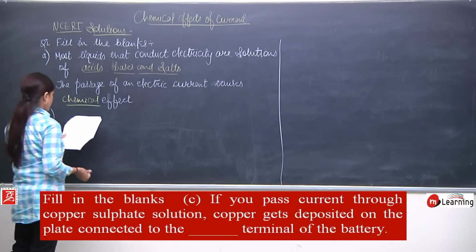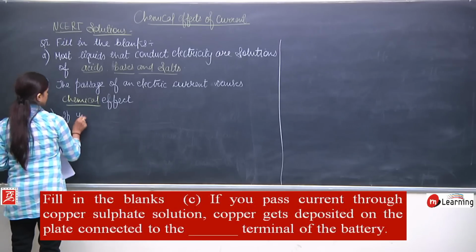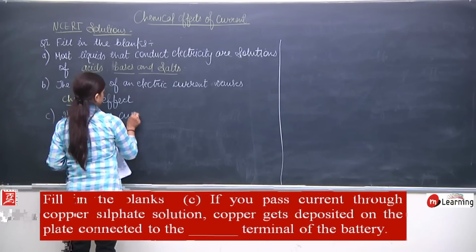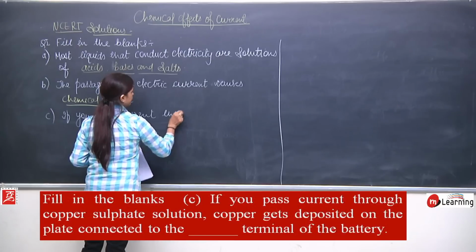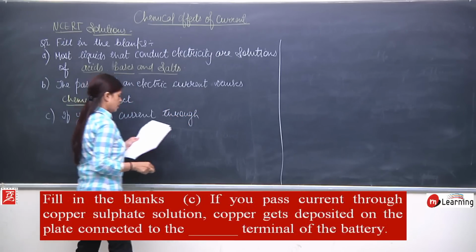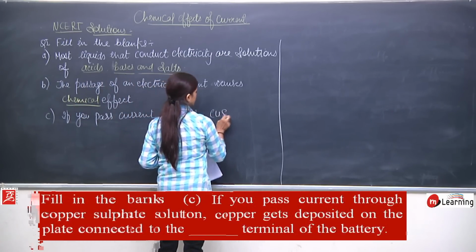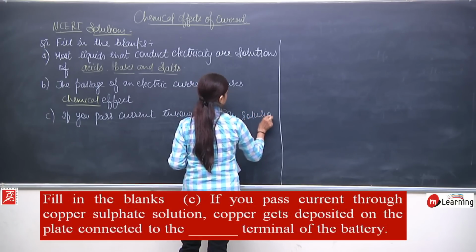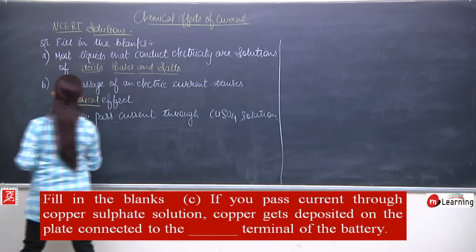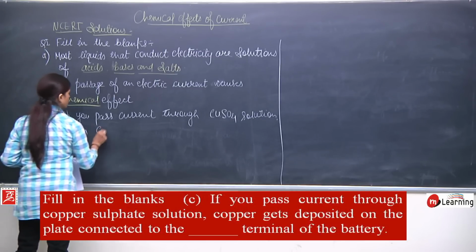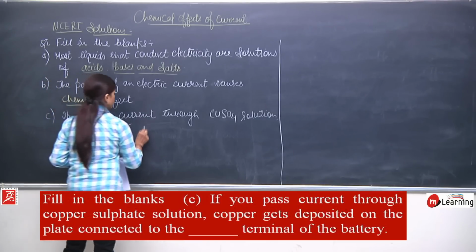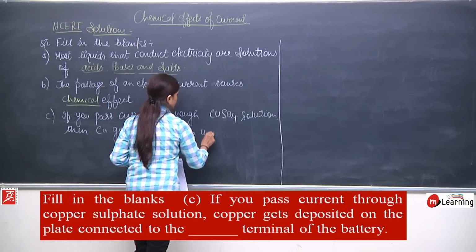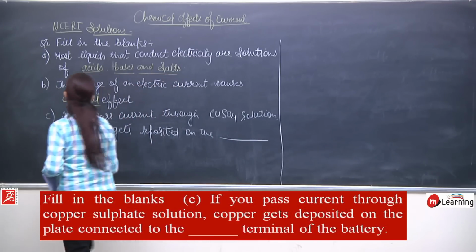If you pass current through CuSO4 solution, then copper gets deposited on the dash terminal of the battery.